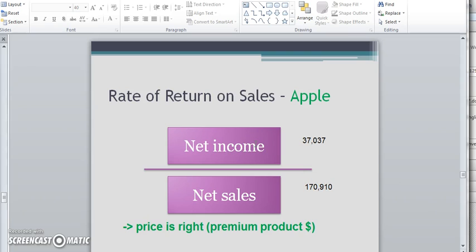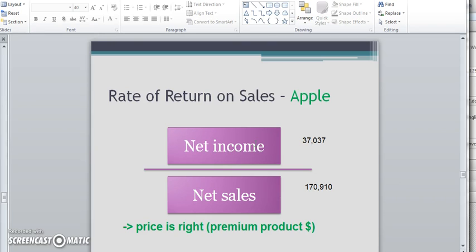Well, Apple has this strategy of being a premier product. Their iPhones and iPads are more expensive than anybody else's. More expensive than Samsung Galaxy Tab, more expensive than the Sony Xperia. Everything in Apple is more expensive than anything else. A MacBook is more expensive than your PC laptop that runs exclusively on Windows.